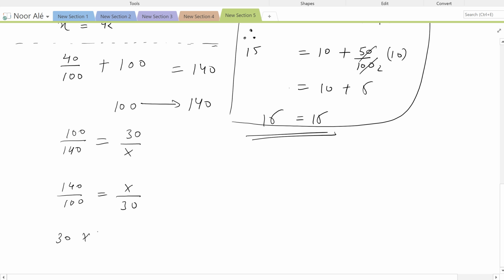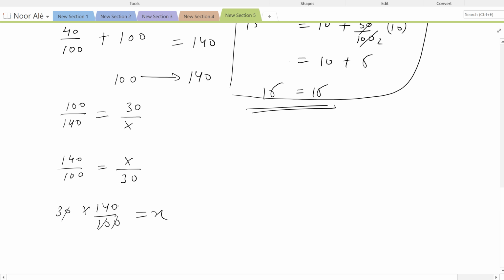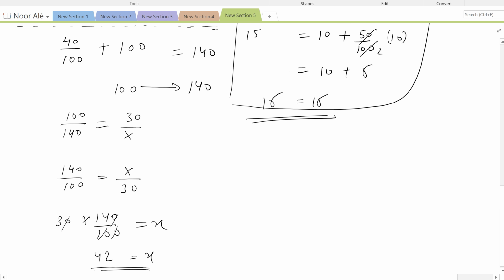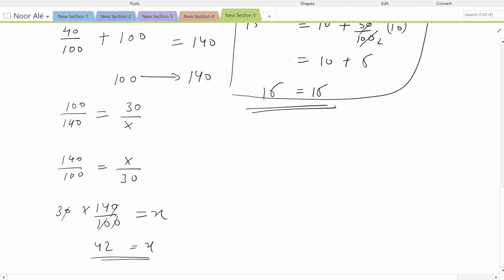So you're going to get 140 divided by 100 equals x, but it's taking almost the same time to do. I wish I could write it down because then it would be easy. It's simply x equals 140 over the 100 times the 30, and then I'm just crossing out zeros. Then you're crossing zeros and multiplying 14 by 3, which is 42.